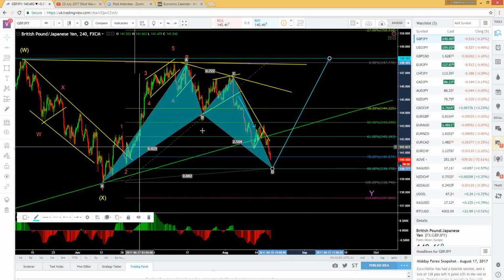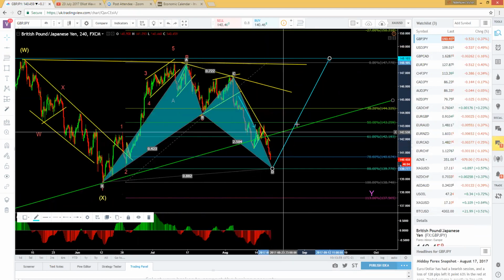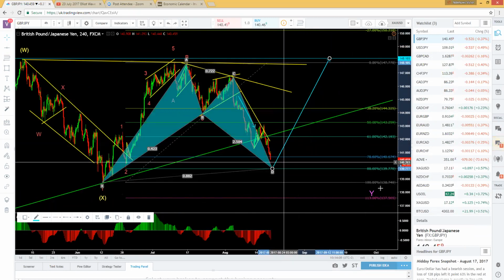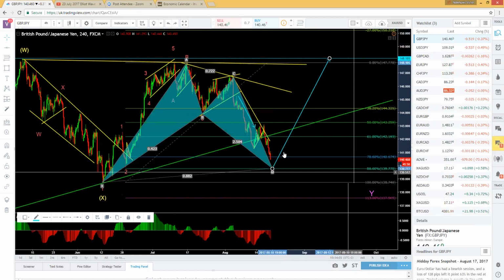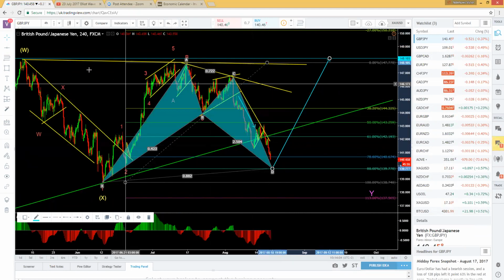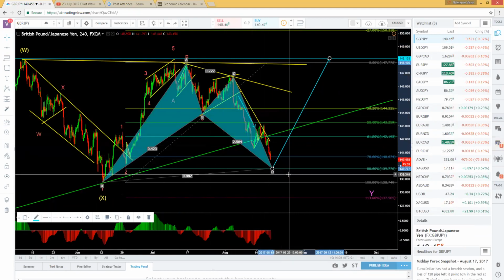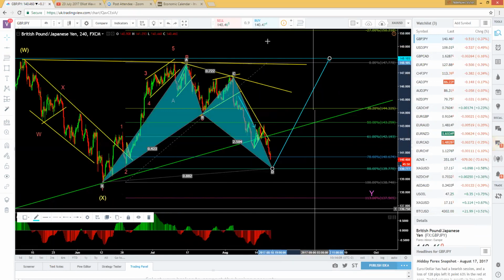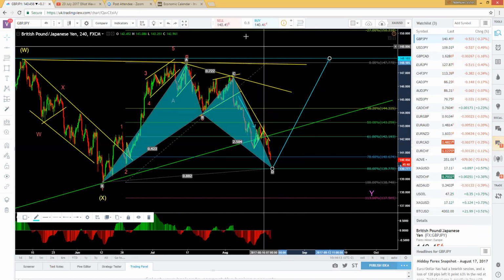Okay, so this is the latest one on GBP JPY. So let's see what happens when it gets around the 139.77 area. So you can see that on this pound yen and US dollar yen, we are anticipating reversals, a bit of strength on the MACD.